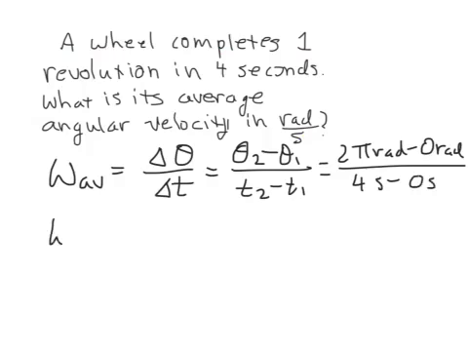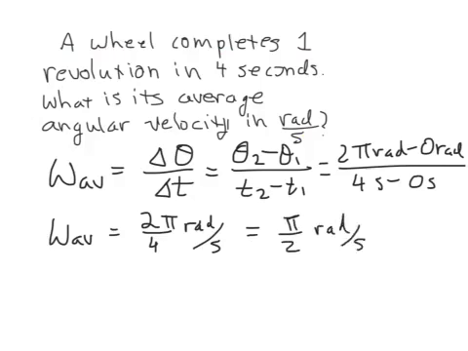And so we get omega average is equal to 2 pi over 4 radians per second, which is pi over 2 radians per second, or maybe 1.57 radians per second. And so that's the average angular velocity. This looks very much like the last formula we used to solve translational motion.